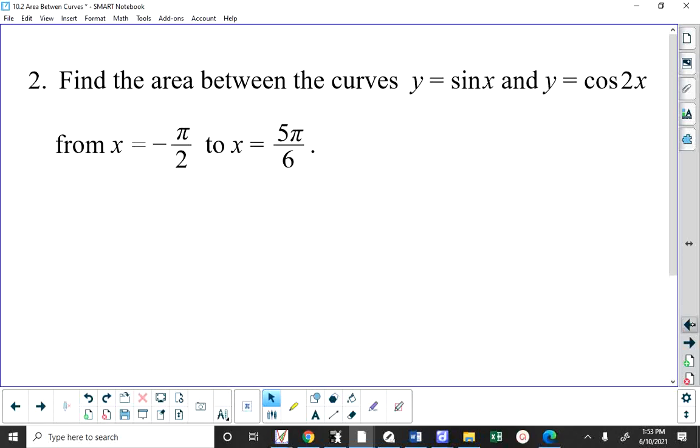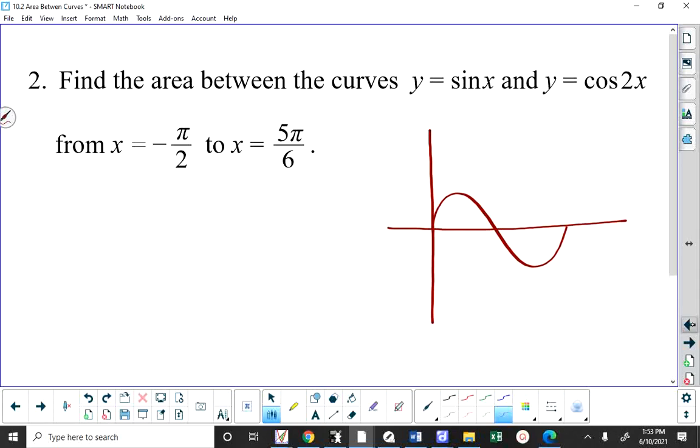Very quickly, I'm not going to rely too much on paper, but you should know that y equals sine x looks like this. y equals cos of 2x, stretched by a half, looks like that. You should be able to graph them and find intersection points. But let's save ourselves a little bit of heartache this afternoon and use our graphing calculator.